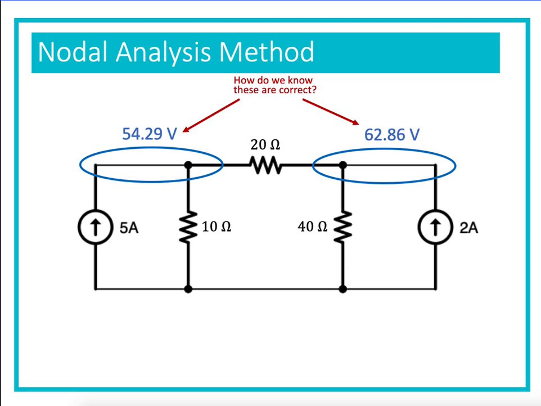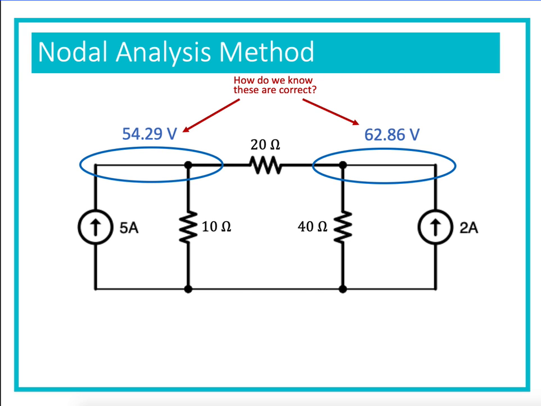So the first part of this method is to use simultaneous equations and matrix algebra to solve for V1 and V2. The second part, and this is equally important, is to make sure the answers make sense, because you don't always know by looking at them whether they're right or not. They could be right, they could not be right.